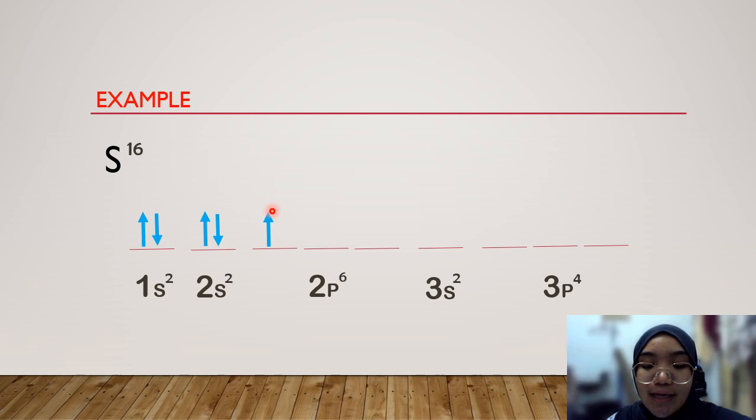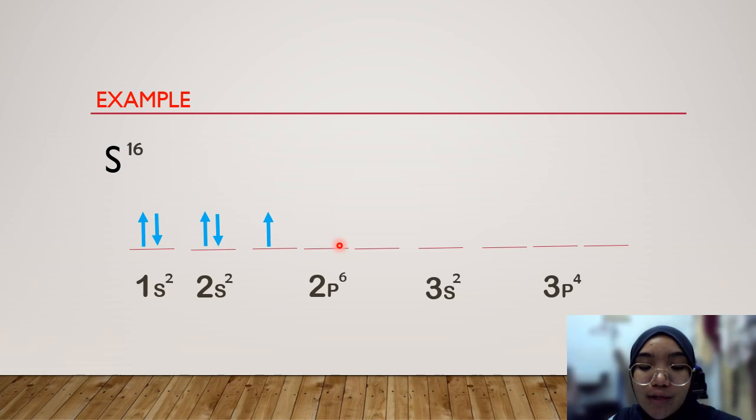Rather, the next one has to go in the next orbital but with parallel spin. If the spin is facing upward like this in this orbital, then the second spin should be parallel to it, facing upward as well.